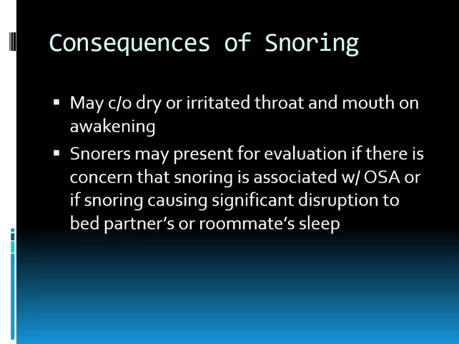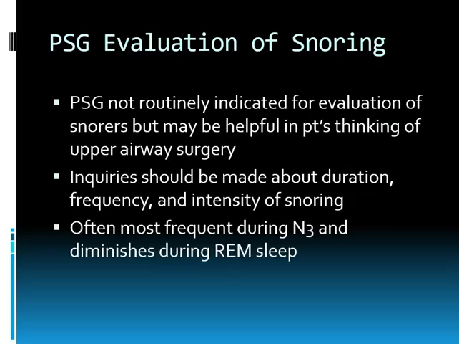When you look at somebody that complains of snoring, then you can look at some of the other risk factors. It might be associated with OSA, it might be a symptom of their OSA. Generally, we don't do a sleep study on a patient just because they snore, unless there's thoughts that it could be related to something more severe like OSA, or if they're thinking about having upper airway surgery for it.